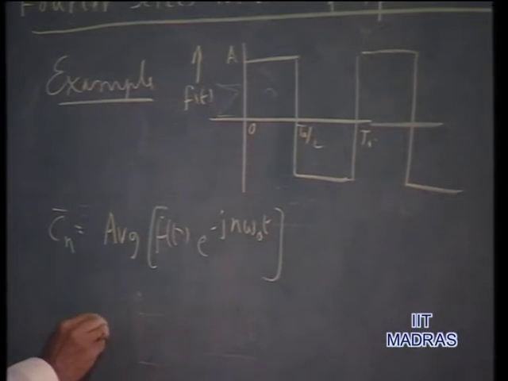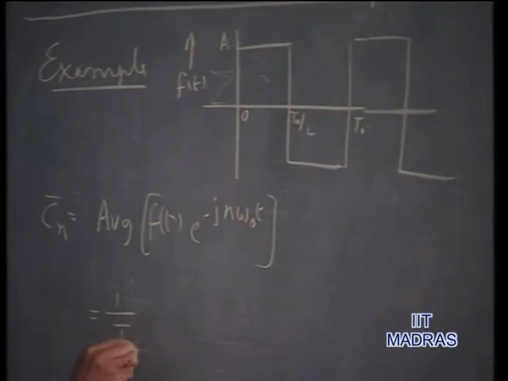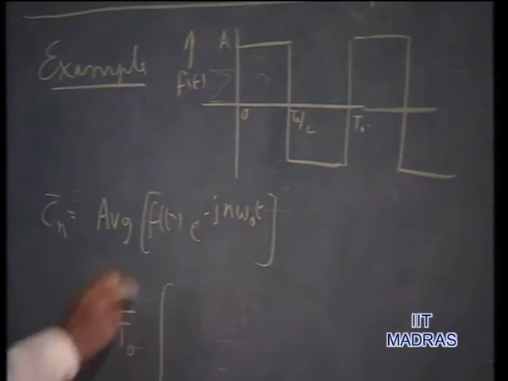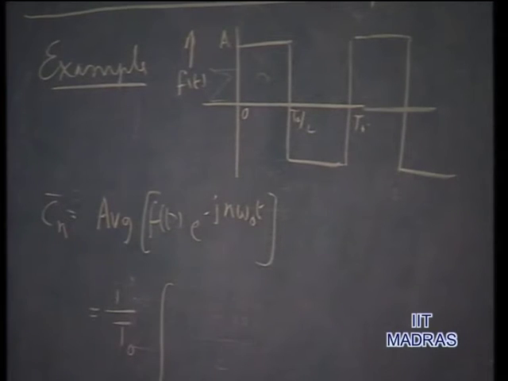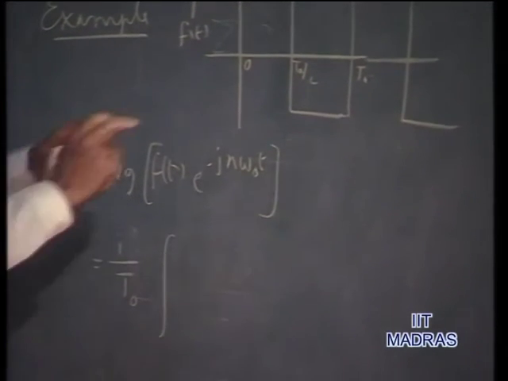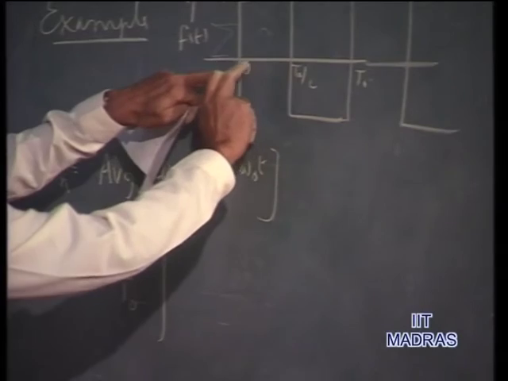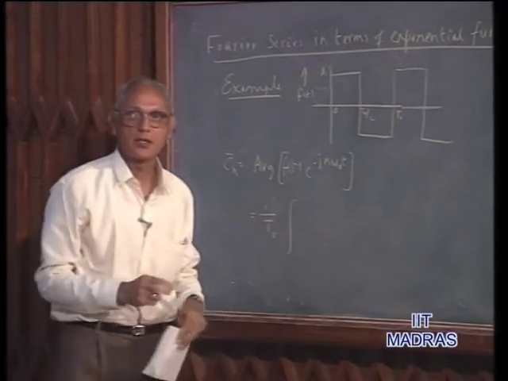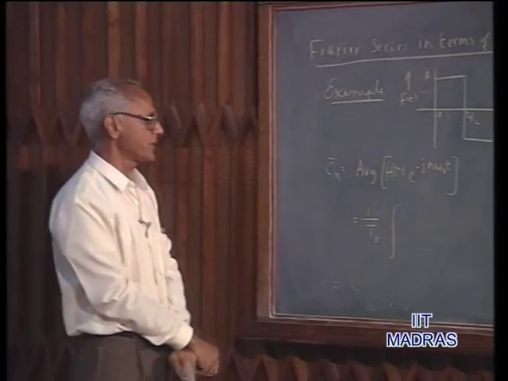So that will be 1 over t naught, and to find out the integral, we split this up into two parts, one from 0 to t naught upon 2 and the other t naught upon 2 to t naught, because the value of the function changes in these two intervals.